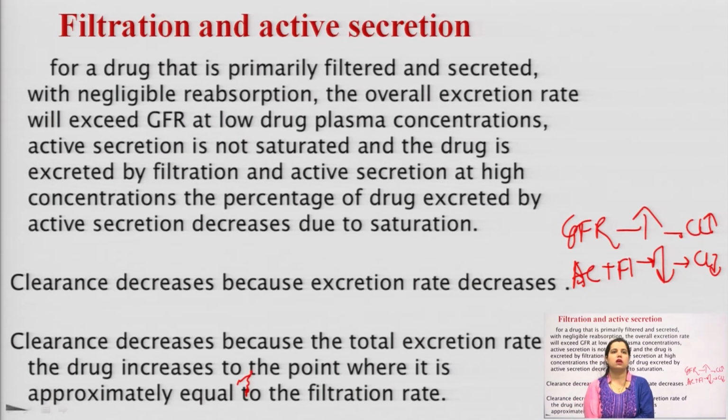So, clearance decreases because the total excretion rate of the drug increases to the point where it is approximately equal to the filtration rate. Overall, if we talk about GFR, the excretion rate is higher than the GFR, and when we consider active secretion, it shows a decrease in clearance.